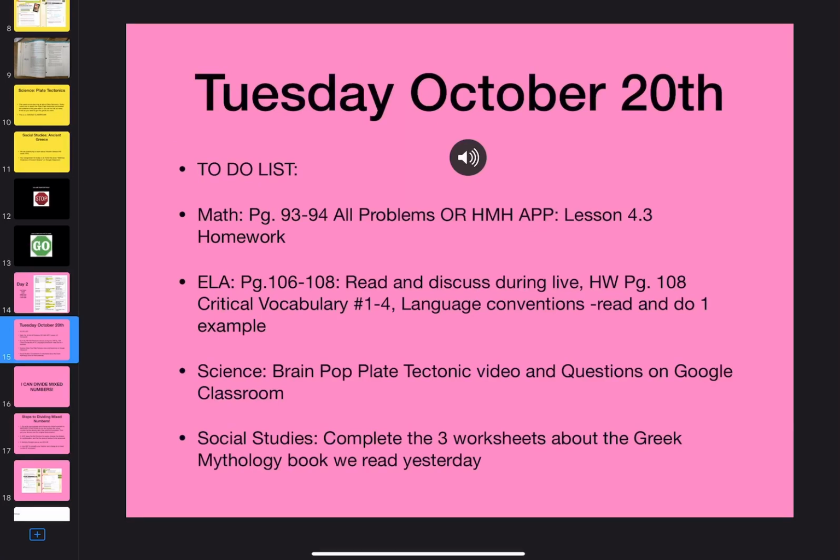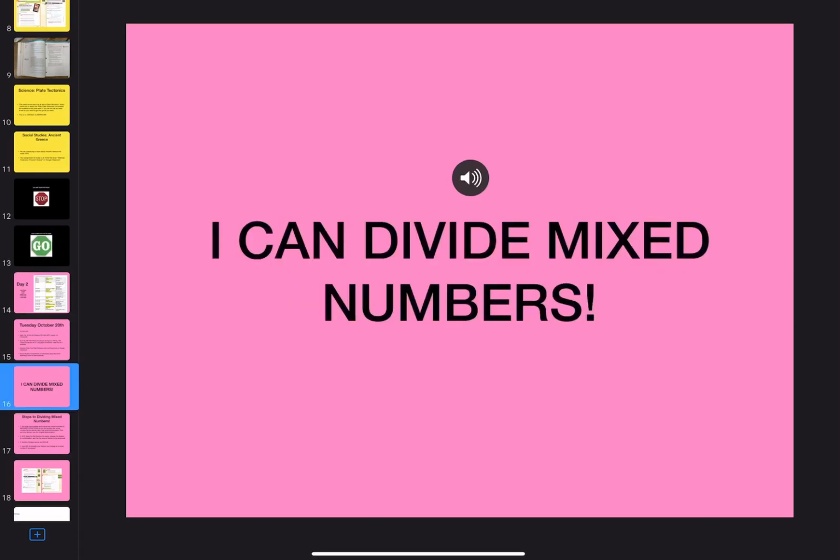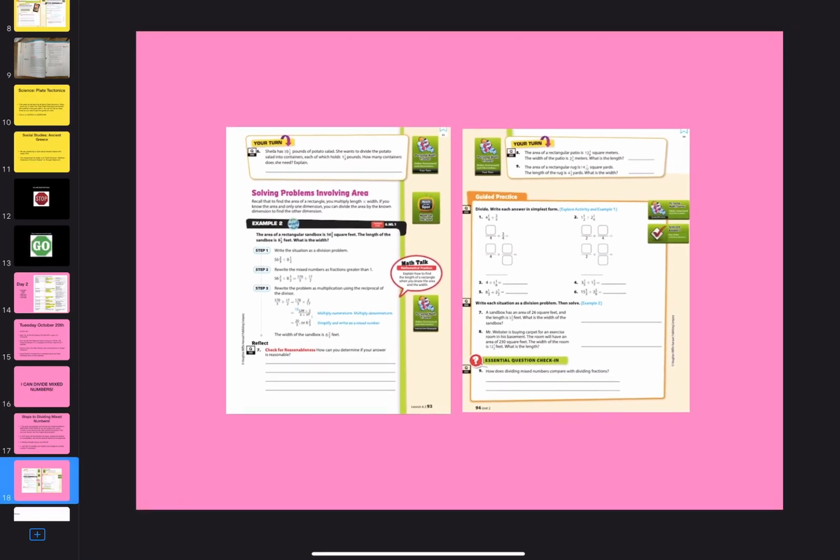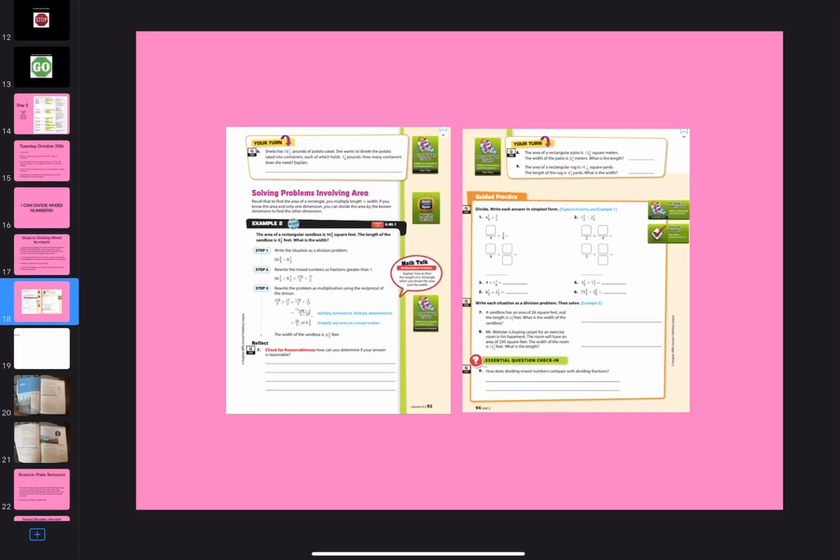Then our to-do list, which kind of helps you guys see what exactly we're doing. And we do most of this stuff in our live meets. So if you're confused on something, please join our live meet. And then I have our math. And again, this is just going off of today's assignment, and you're just learning more about it.